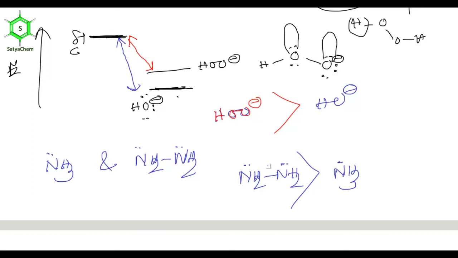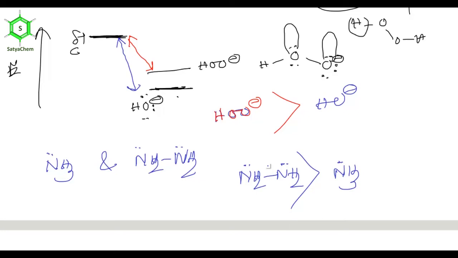It can be explained from molecular orbital theory, but here I am not going to explain this through the concept of molecular orbitals. I am just trying to explain from the concept of valence bond theory, lone pair repulsion.